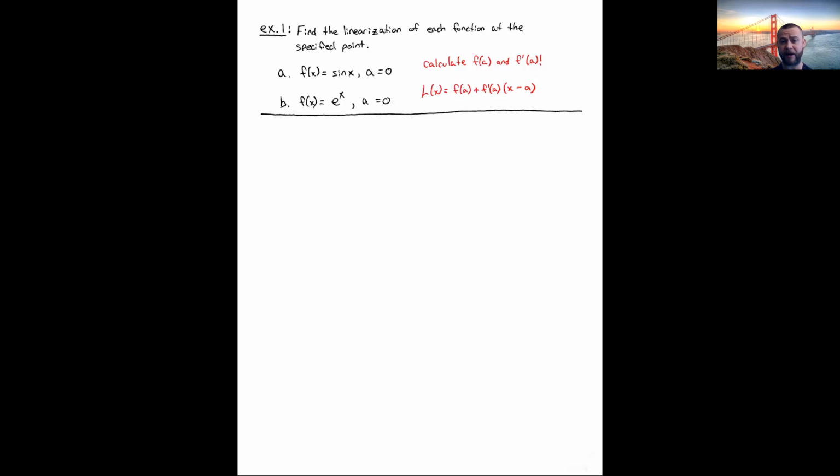And once we have those two values, we can plug them right into the linearization formula there. All right, so pause the video, give yourself a few minutes to work out these two examples. It is basically just calculating derivatives and then rewriting everything in a new form, the equation of a linearization. Pause the video and check back in a few minutes.